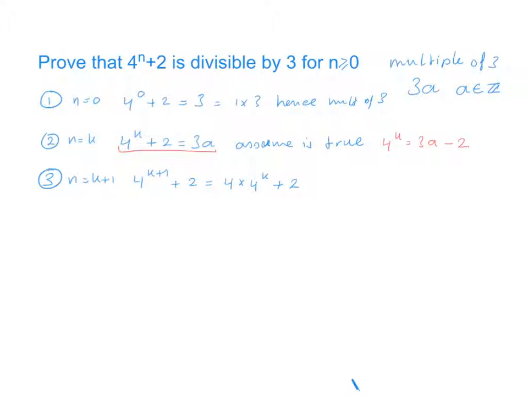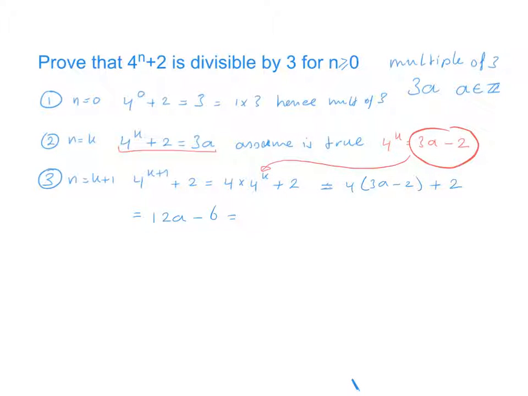This is the creativity that you need to have with mathematical induction. And I'm going to now substitute this into 4 to the power k. So what I get is 4 times (3a take 2) plus 2. Now I can work that out further, and that's 12a take 8 plus 2, that's take 6.